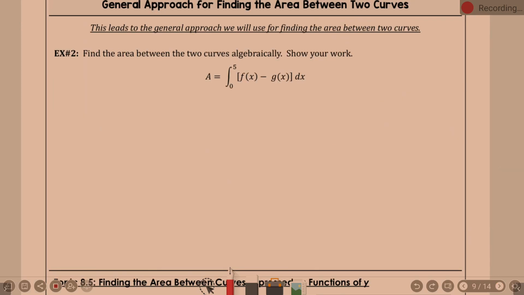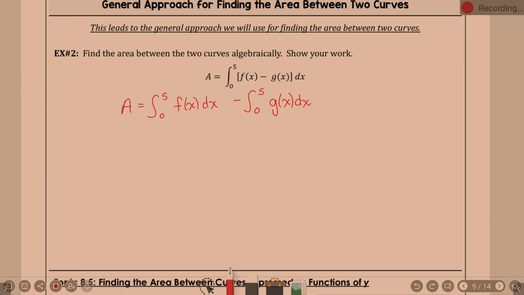Now, if we go over here, first of all, realize this integral can be rewritten as the integral of 0 to 5 of f of x dx minus the integral of 0 to 5 of g of x dx. That's just our basic integration rules, that you can split that integral.